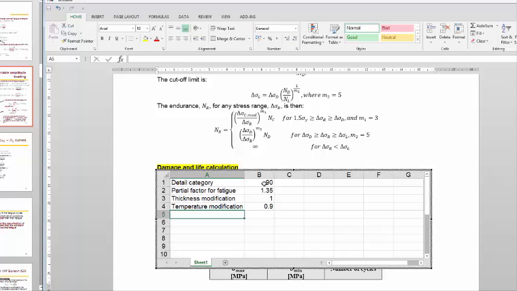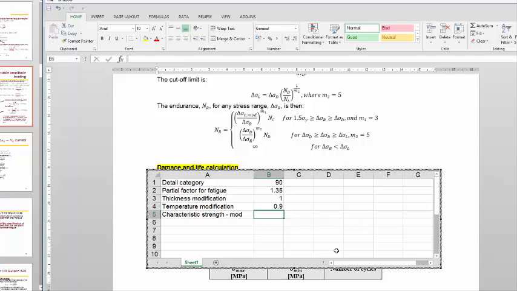And now we can calculate the characteristic strength of the modified curve, delta sigma C modified. Let's make this column bigger. It was equal to, if we remember correctly, 90 divided by gamma MF, the partial factor for fatigue, multiplied by thickness, multiplied by temperature. So we had 60 MPa.